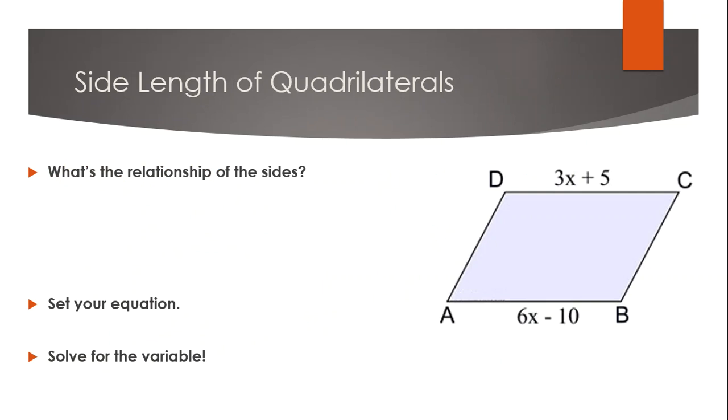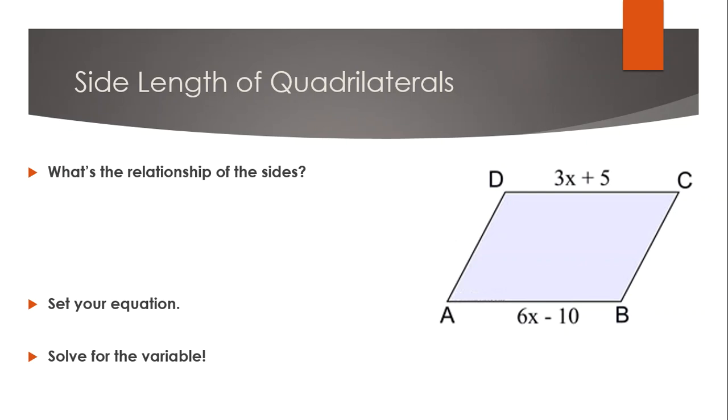Side lengths of quadrilaterals. In your note sheet, with regards to all the different types of quadrilaterals, we have established what type of relationship sides have. So the first thing we need to do is look at this figure, and here we have a parallelogram.